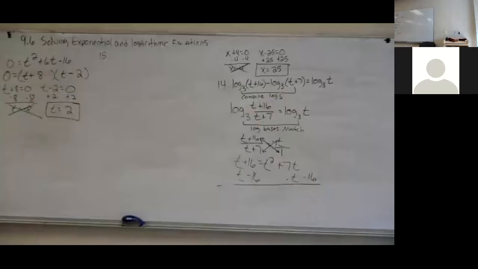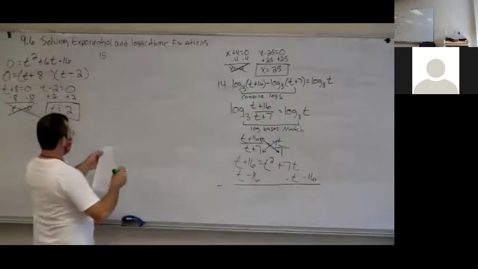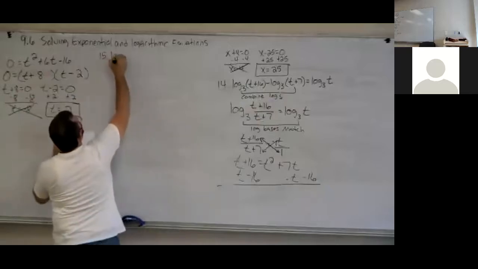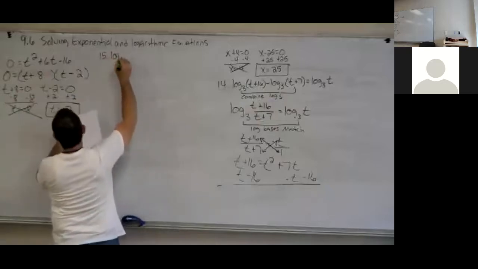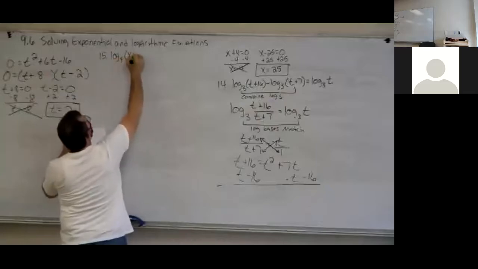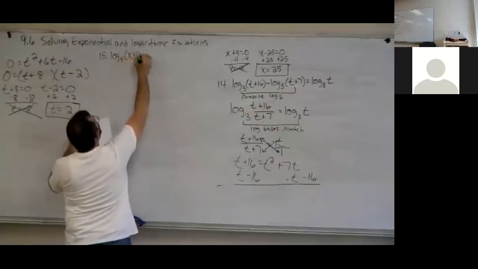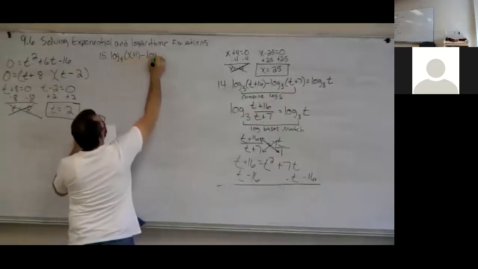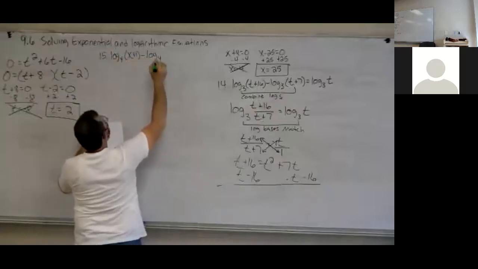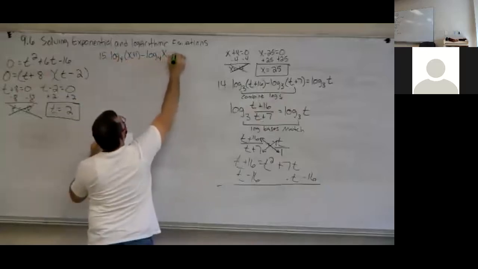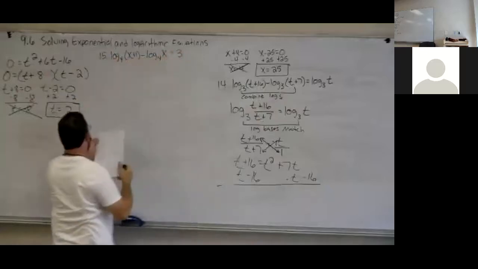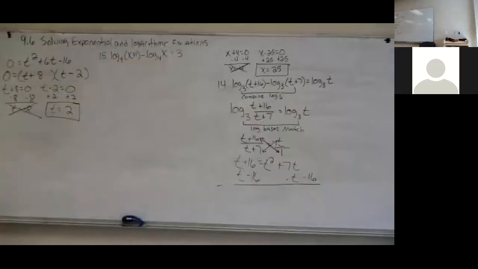All right, there we go. 15. Log base 4 of x plus 1 minus log base 4 of x equals 3. I'm going to combine the logs.